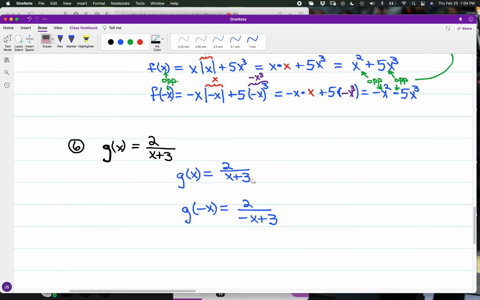And if you notice between g of x and g of negative x, the inputs are opposite each other. Now, just looking at the relation, we have 2 over x plus 3 and 2 over negative x plus 3. So the outputs are not the same.